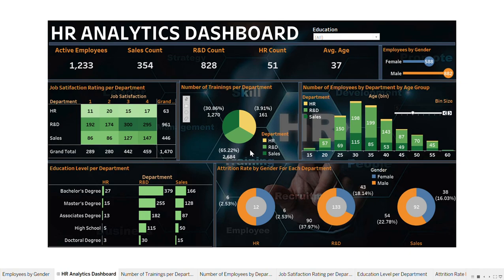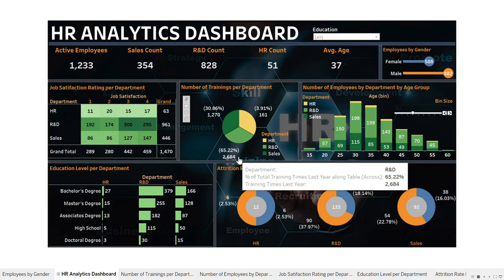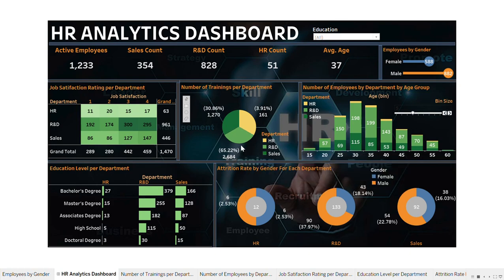Then you'll be able to also visualize or see at a glance the trainings per department, the number of trainings the department is having, and you may find that R&D is having the highest number of training, but probably because their number is high.